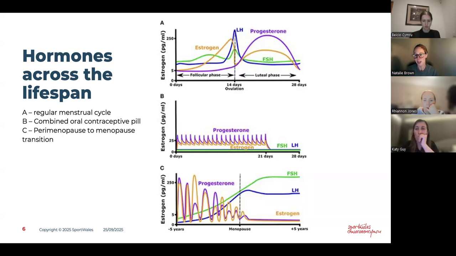The general pattern is they're both declining, but that can be really sporadic, quite chaotic, until they level off within the post-menopause phase. So it's this declining chaos, as I like to describe it, that can result in a lot of the negative symptoms that are frequently described.